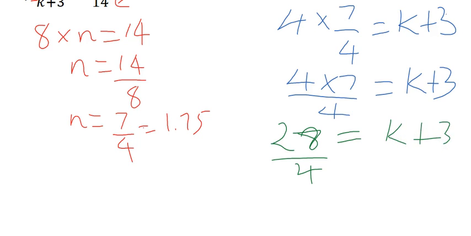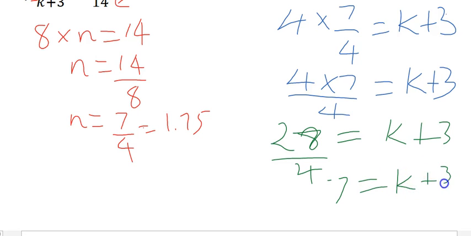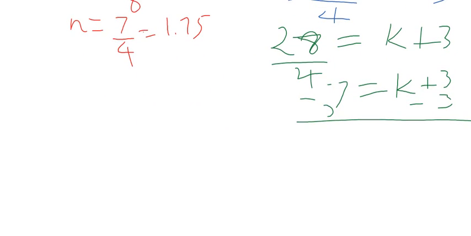And 28 divided by 4 is 7. So 7 equals k plus 3. Then we can subtract 3 from both sides. So we get k equals 4.